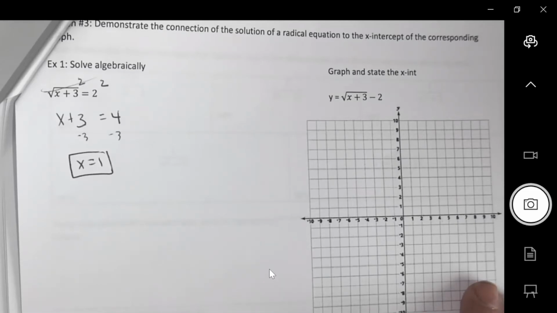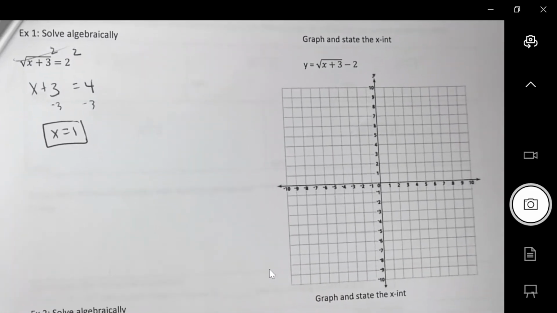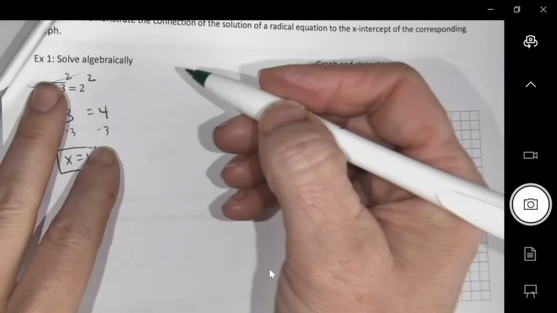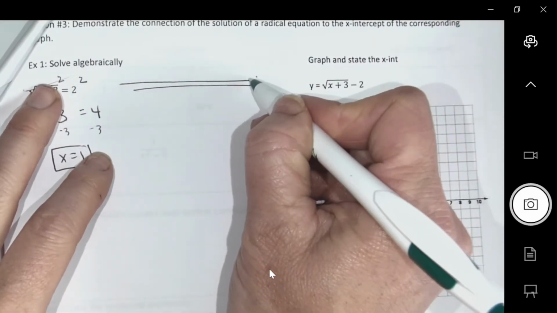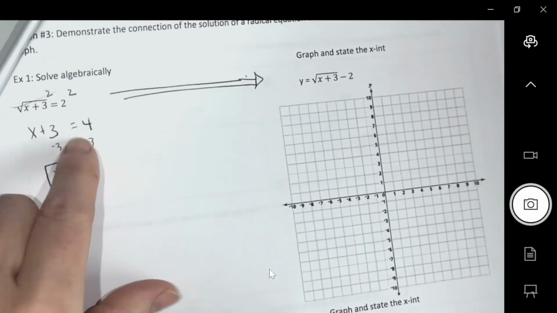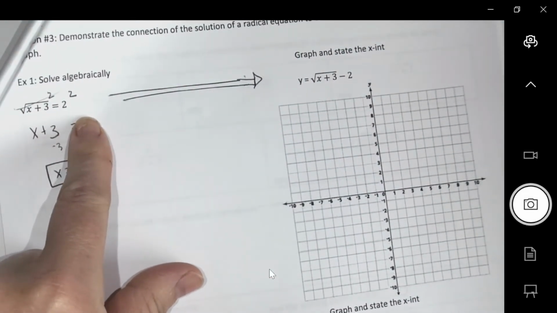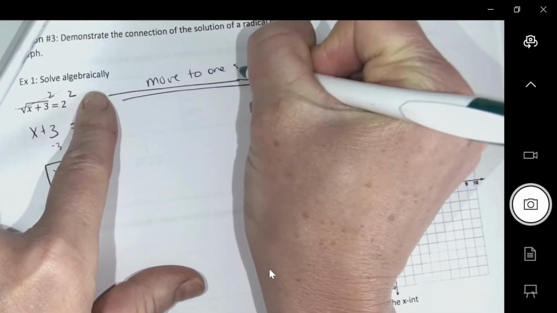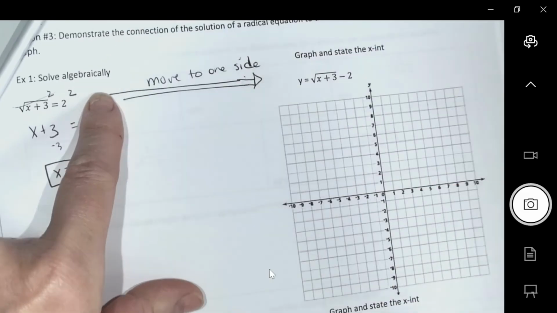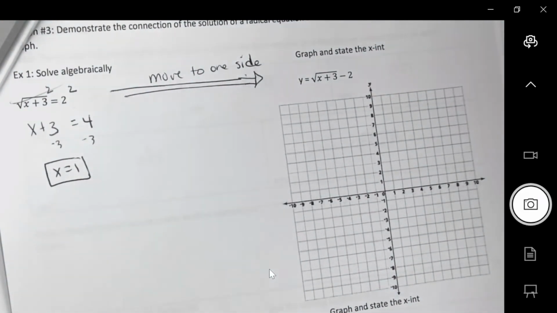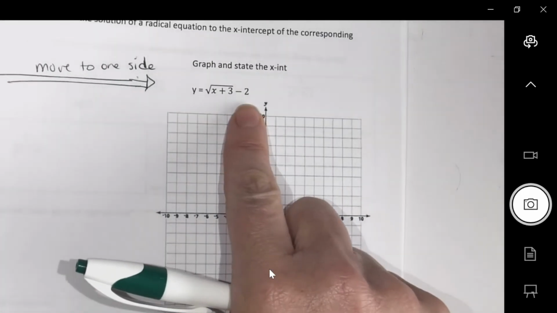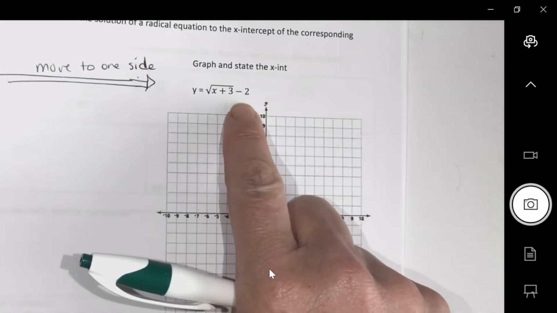Okay, now do you notice here what I did? What did I do from here to here? I moved the 2, right? So I just made an equation by moving everything to one side. Okay, what do you want to do with this? Where would you put your starter point?